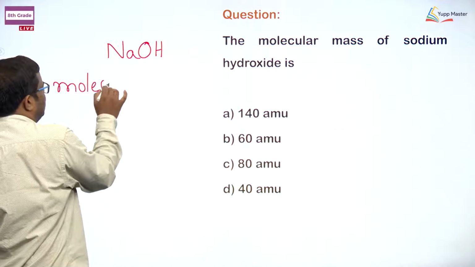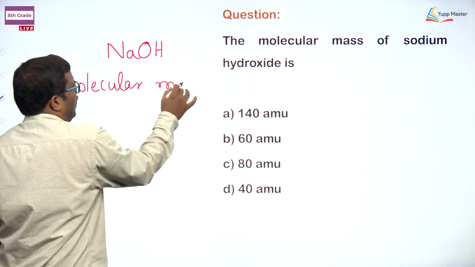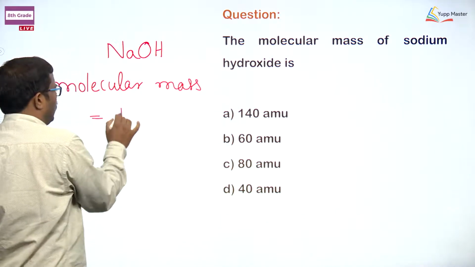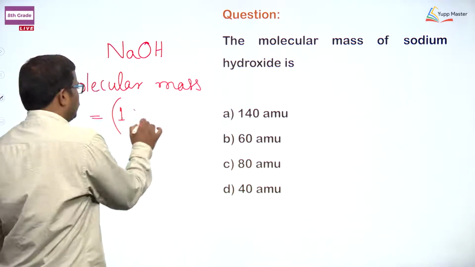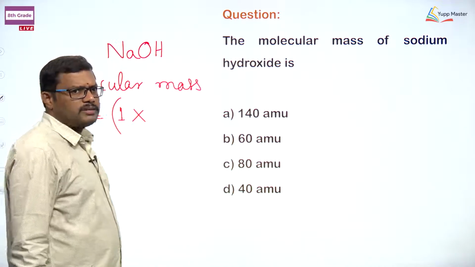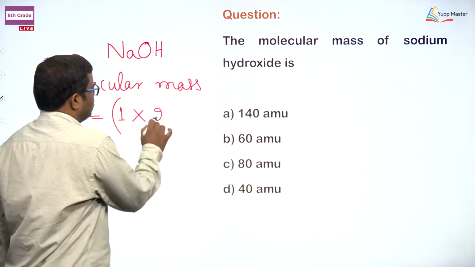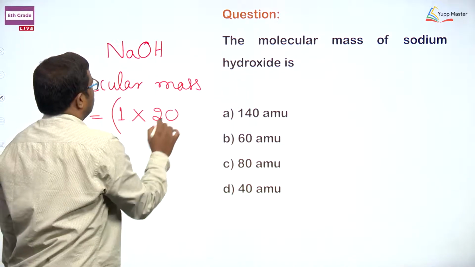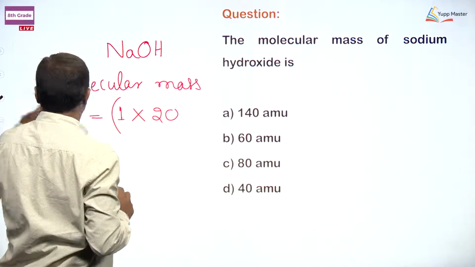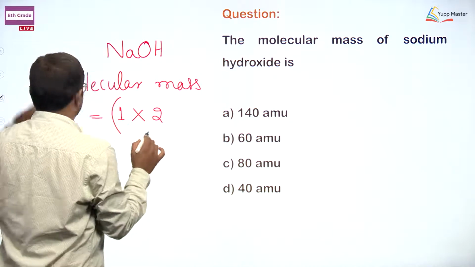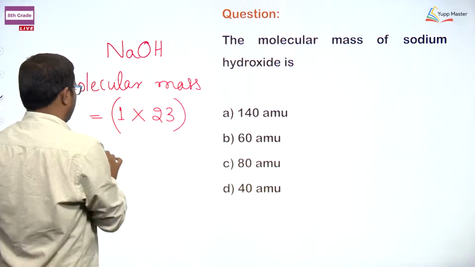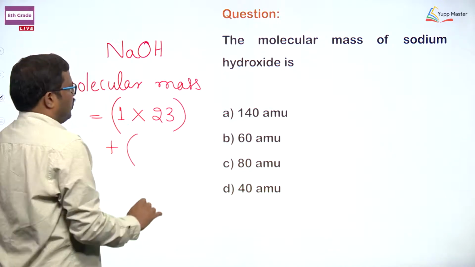The molecular mass can be given as 1 sodium. How many sodiums do we have? We have 1 sodium, so 1 into the mass of sodium, which is 23, plus how many oxygen atoms?